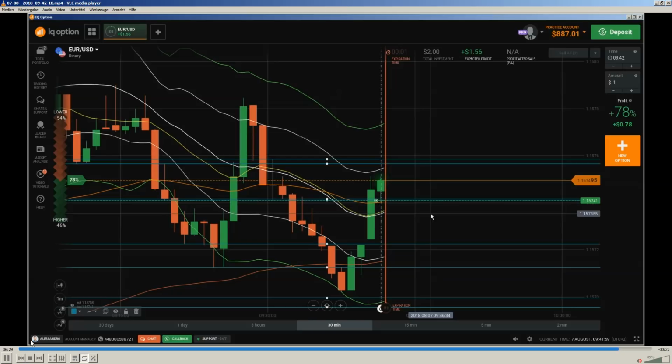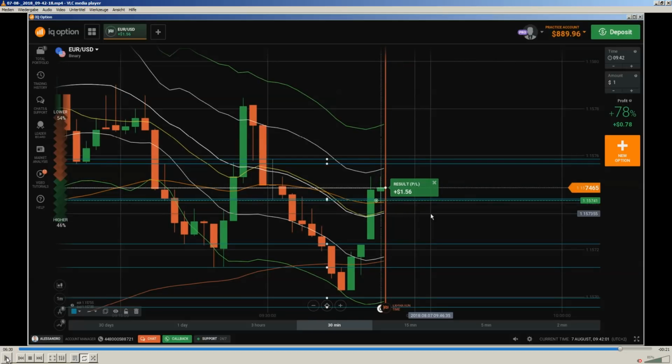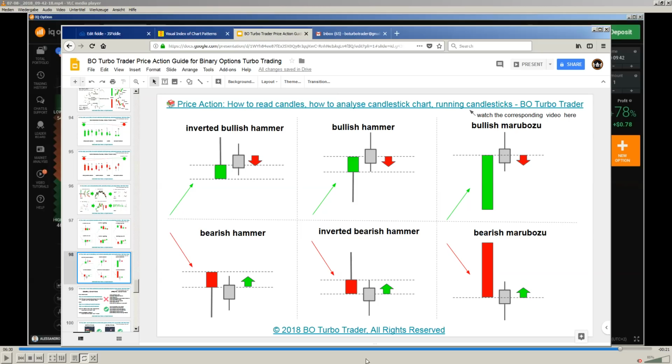So it looks also like in the money. And you see, we got here in the last second a retracement back to a doji. Now we have this scenario which I explained also in the ebook, the Marubozu candlestick-like candle. It's a Marubozu, but it does not have to be a Marubozu.